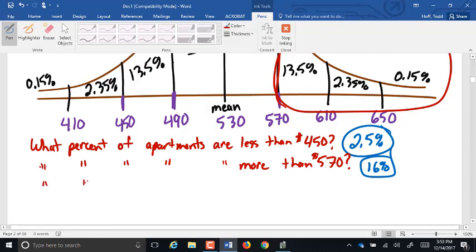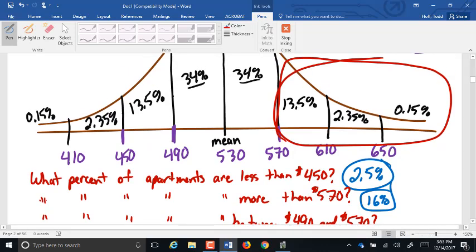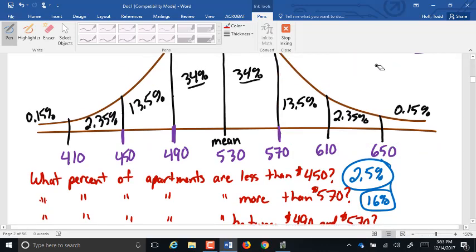We might ask what percent of apartments are between $490 and $570 a month. Well, to do that one, we find here's 490.